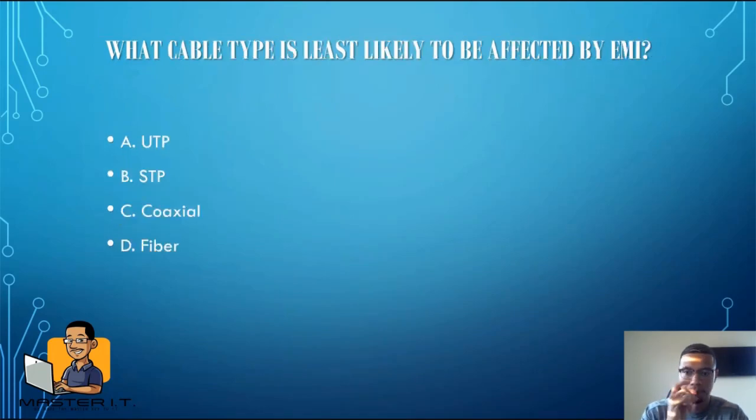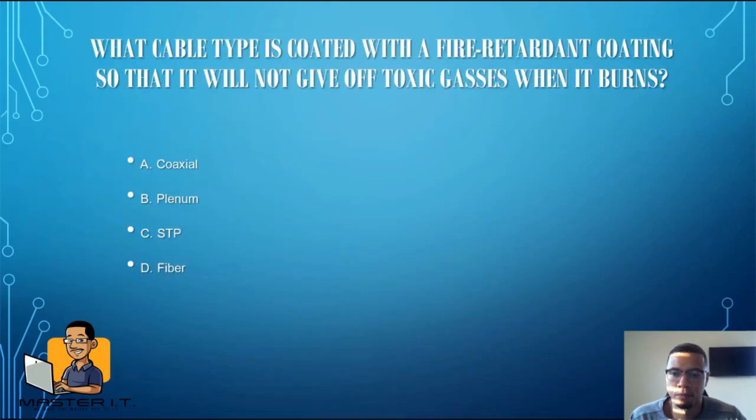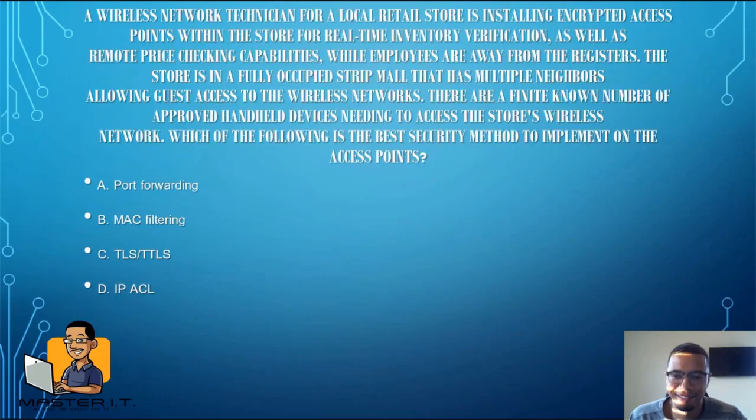Good. What cable type is least likely to be affected by EMI? Least likely. Easy. Fiber. Great. What cable type is coated with a fire retardant coating so that it will not give off toxic gases when it burns? Plenum. Easy. Good, good, good.